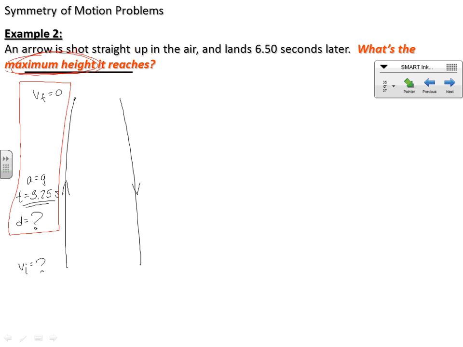However, if we go top down, we can say that VI is 0. We can say that A is G. We don't know what VF is, but we do know the time, 3.25 seconds, and we want to know D. Now the question is, is there an equation with these four things in it?